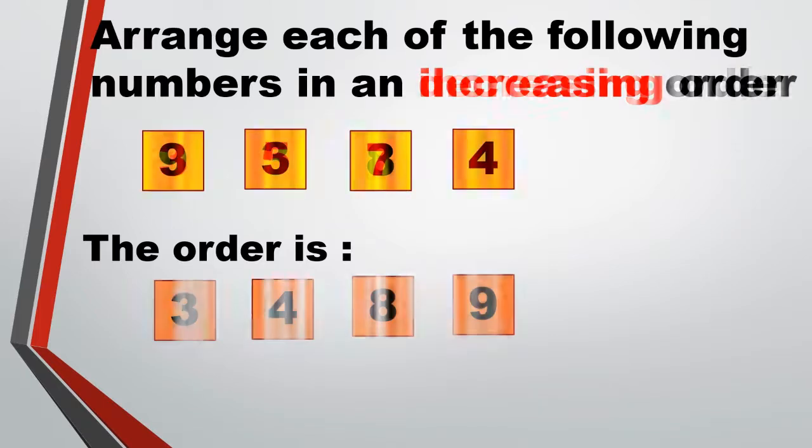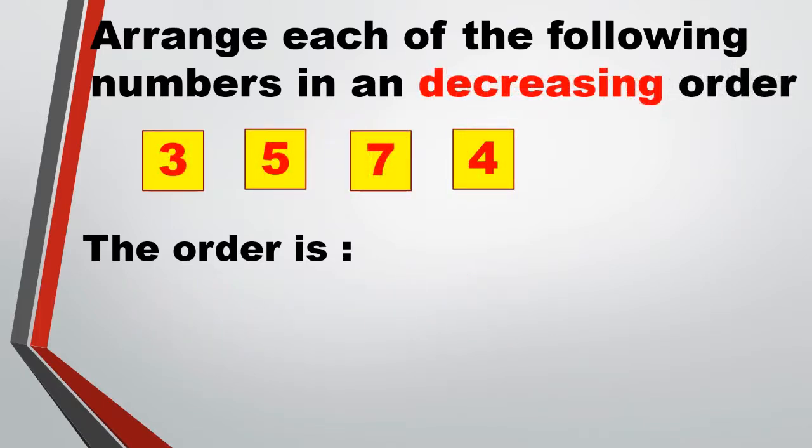Arrange each of the following numbers in a decreasing order. Decreasing order means greatest number to the smallest. Here 4 numbers are given. We have to arrange these numbers in decreasing order. So tell me, which is the greatest number in this line?